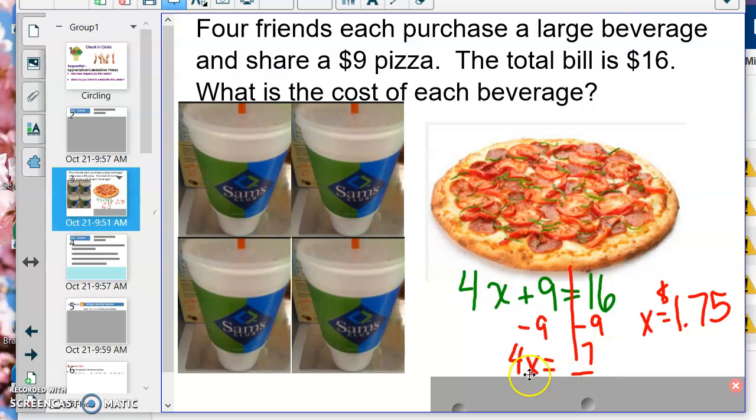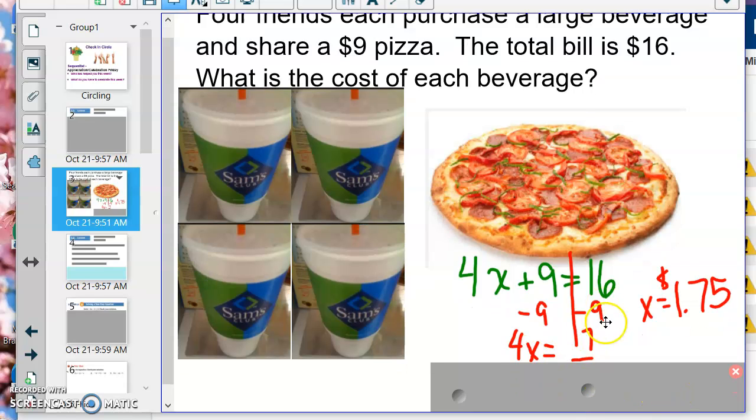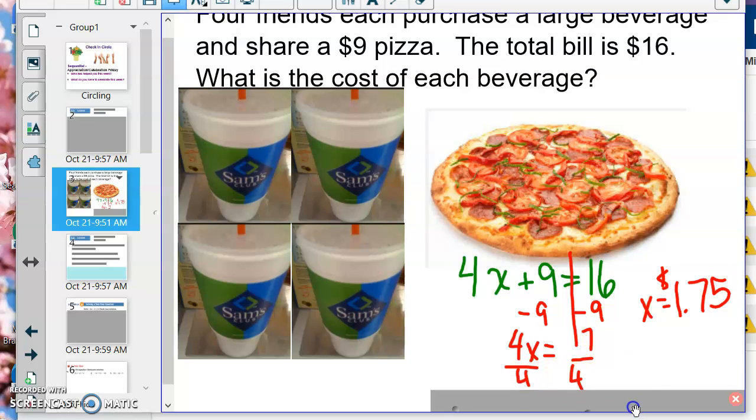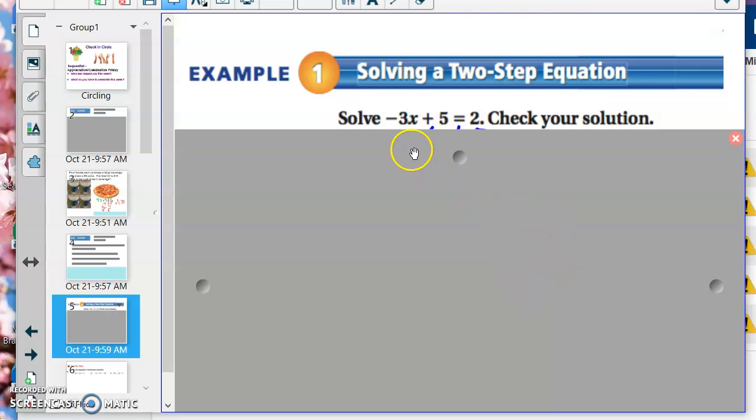Then I have to undo this multiplying by 4, so I divide by 4 on both sides, and that leaves me with x equaling $1.75. So that means each of these sodas costs $1.75. Times 4 plus $9 gives me what my total bill was, which was $16.